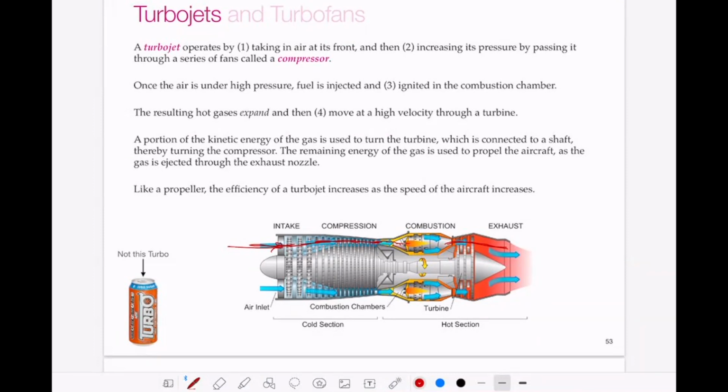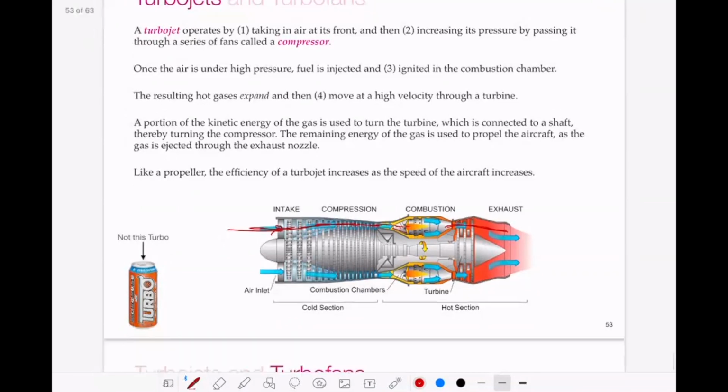Just like a propeller, the efficiency of a turbojet will increase as the speed of the aircraft increases, or as the speed that the engine is moving through air is increasing. So increasing the speed of the air coming into the control volume will increase our efficiency.